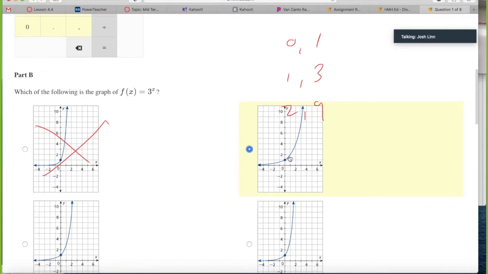Oh, that's 1, 2. Oops. So this point right there is 1, 2, not 1, 3. That was my bad. Thought I checked. So over here, we've got 0, 1. That's good. 1, that's 1, 4. So it's not that one. No, it's that one.